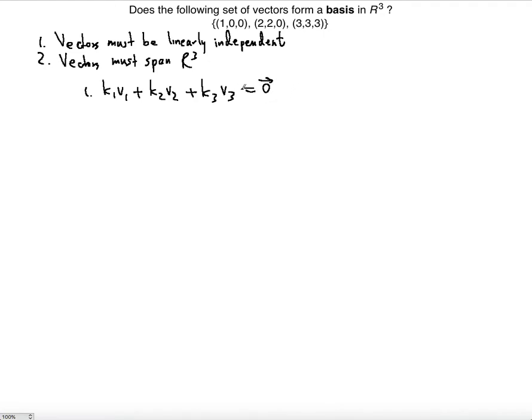All these scalars are different, distinct. And we have to have that the system only contains the trivial solution. This will show us that indeed the vectors are linearly independent.